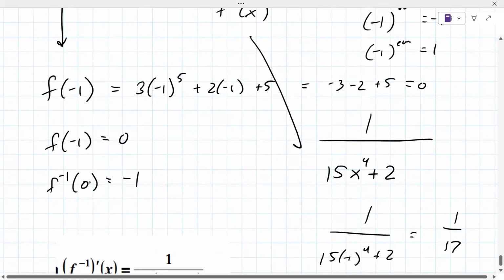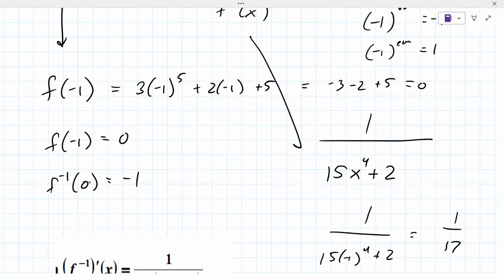It's hard to explain. If you can explain that to someone else, you definitely understand it, but it's pretty tough. So I'm just finding the derivative, then finding the point, and then plugging the point back into the derivative. Yeah. And usually you're given something that you can't find the inverse of directly, so you have to do it this way. There's no workaround for it.